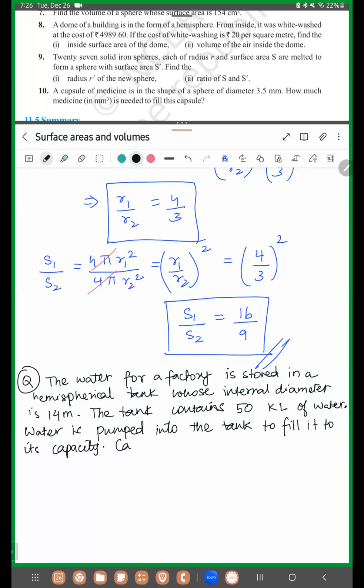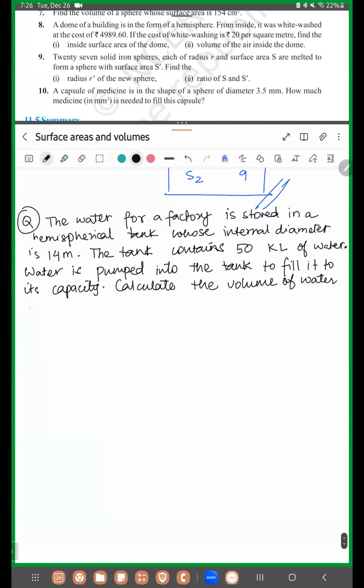Calculate the volume of water pumped into the tank.